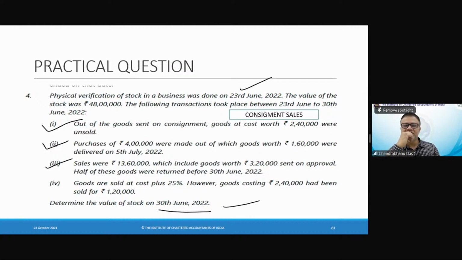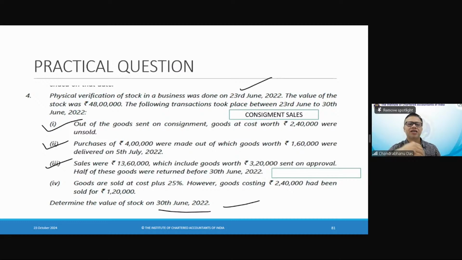In the third point, we can see the sales were 13,60,000, which include goods worth 3,20,000 sent on sale on approval basis. Half of these goods were returned before 30th June 2022.